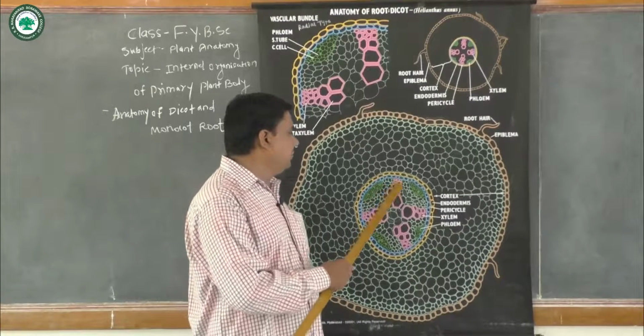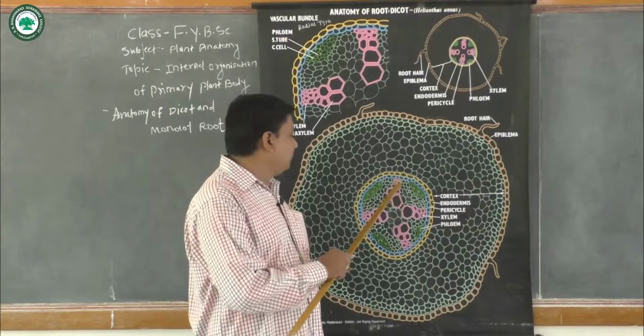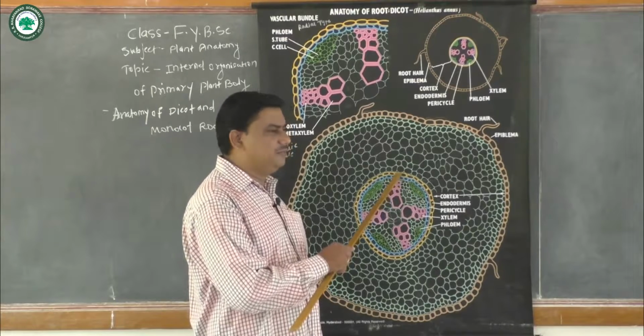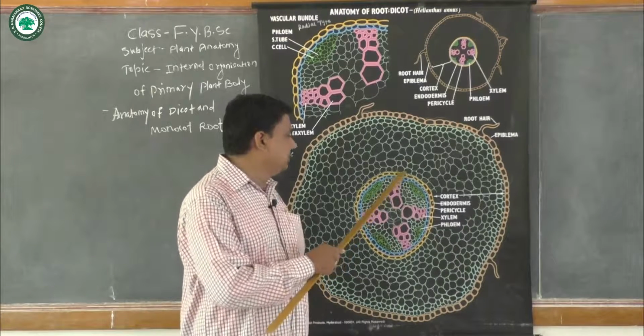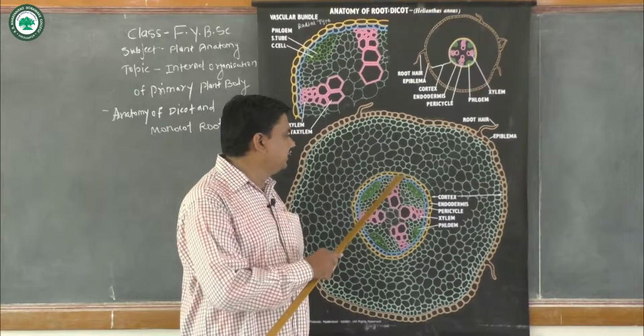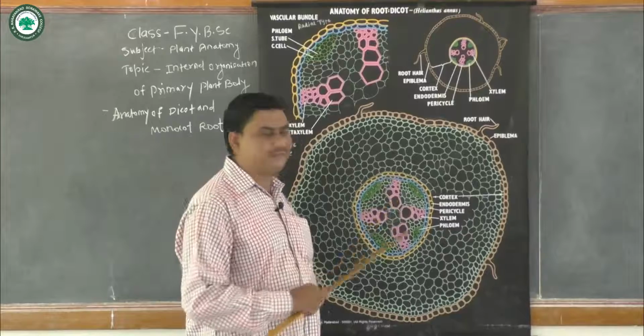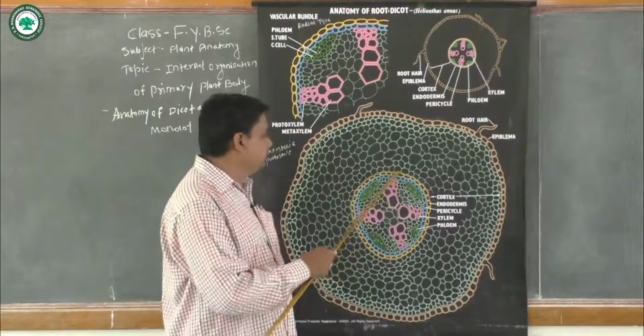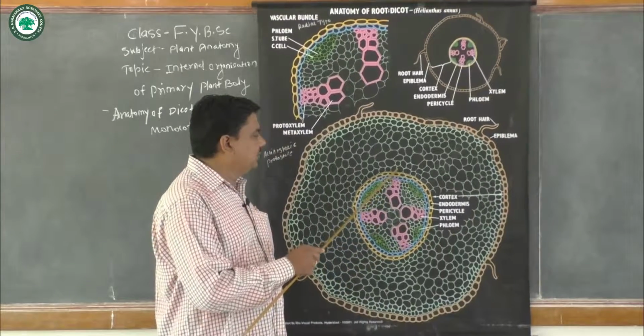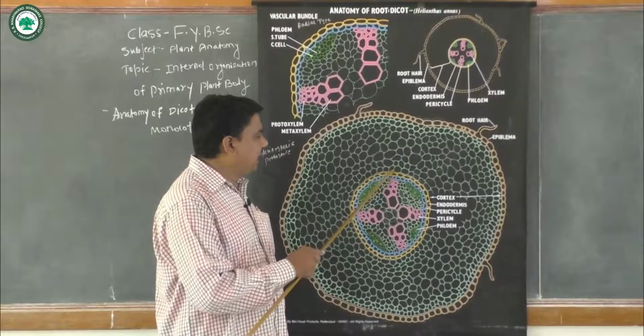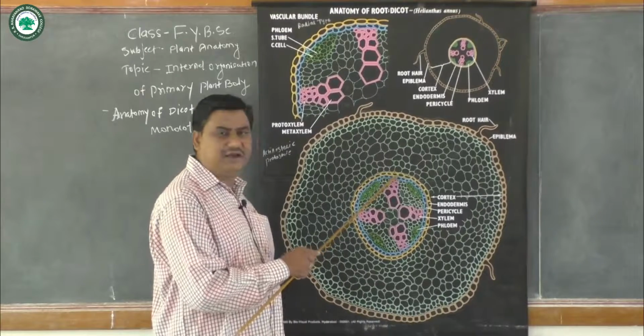So at this particular protoxylem, the suberin material is absent in the endodermal cell. In this region where there is the protoxylem, there is an absence of suberin material.